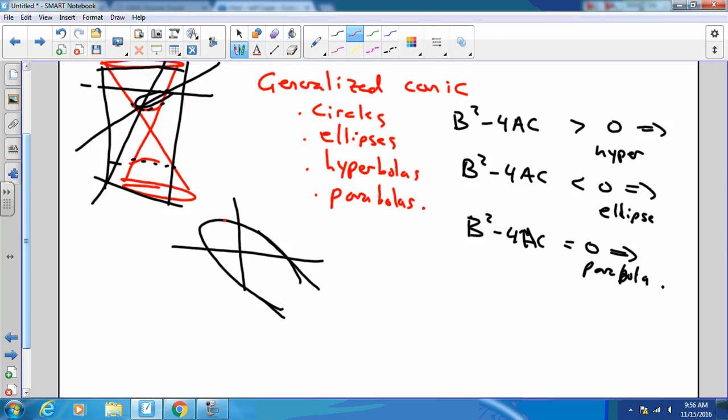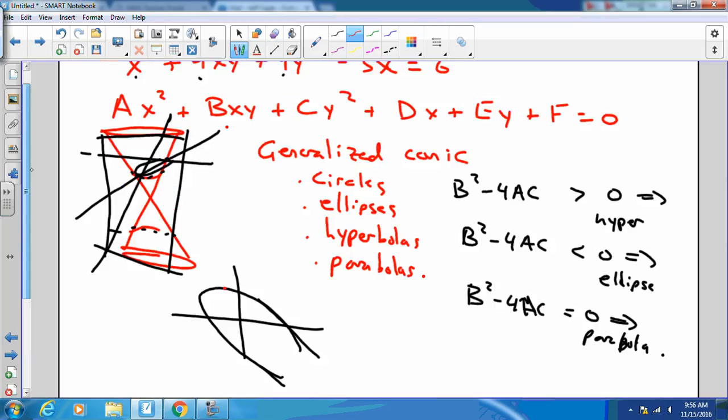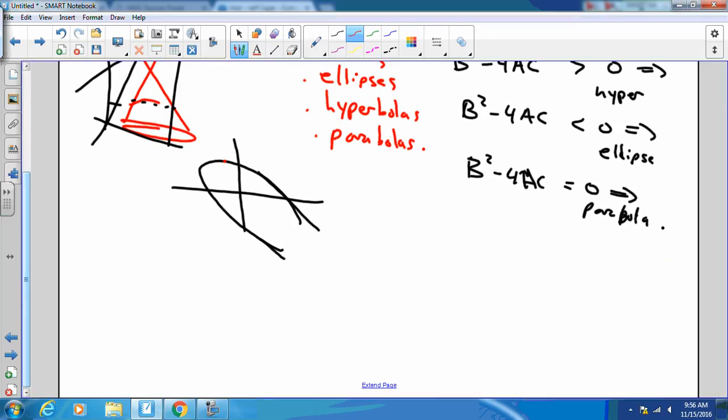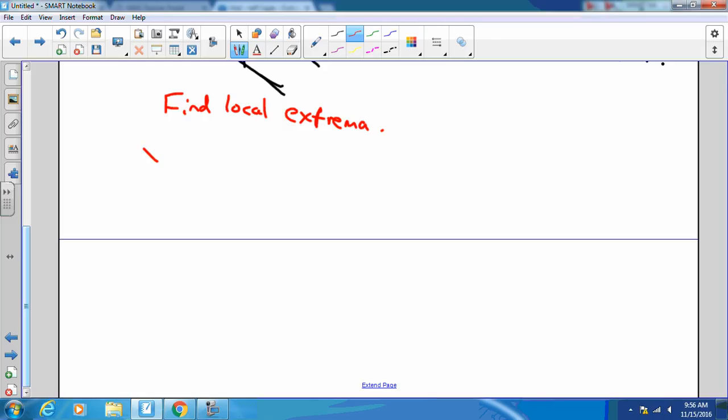Now I want to ask a question. I think we already know the answer to the question, but maybe I drew this wrong. So, where are the horizontal tangents, and do they correspond to local maxes or mins? So find the local extrema now of this curve based on this relation. Okay?